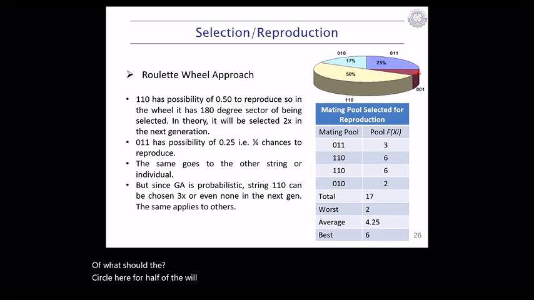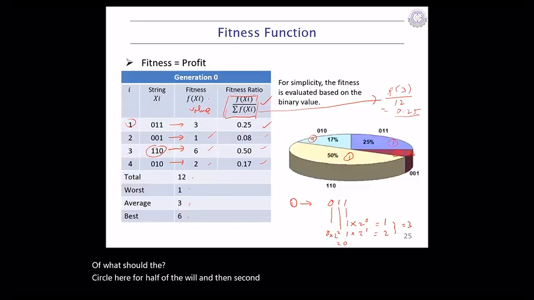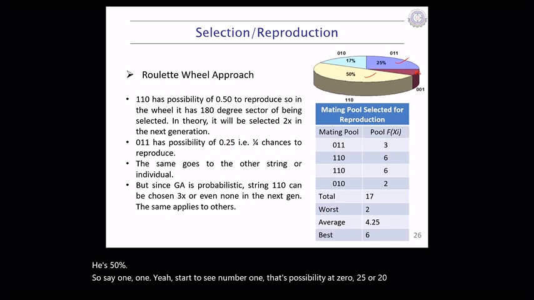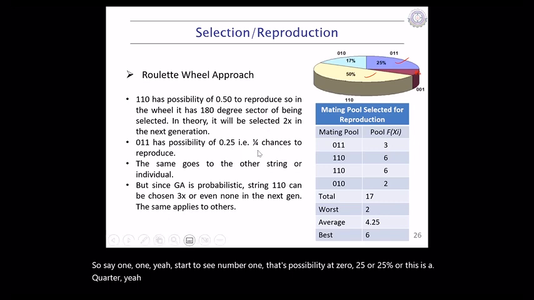And then the second one is 011. 011 is strategy number 1, because of 25%. This is 50%. So 011, strategy number 1, has possibility 0.25 or 25%, a quarter, 1/4 chance to reproduce.